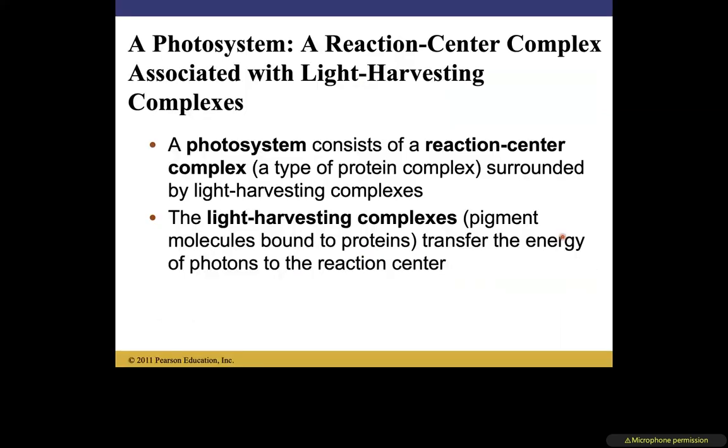Okay, so the meat and the potatoes. At this point, we have talked about the overall big picture of photosynthesis. We've talked about the nature of light, because without understanding the nature of light, you can't understand how photosynthesis works, because it has to do with electrons and energy.